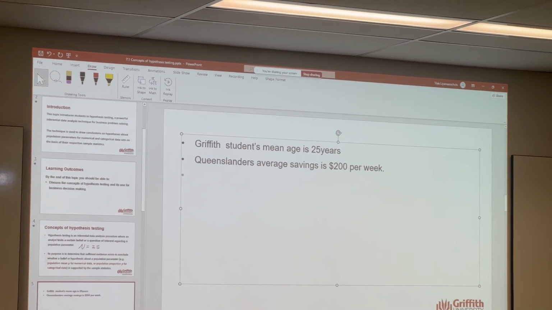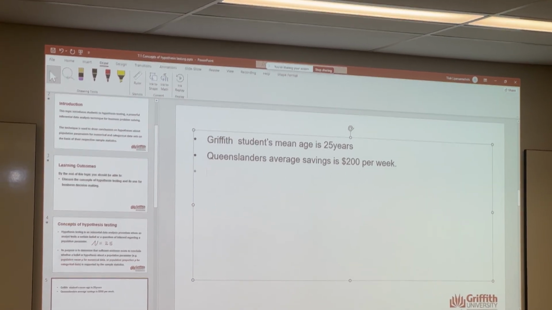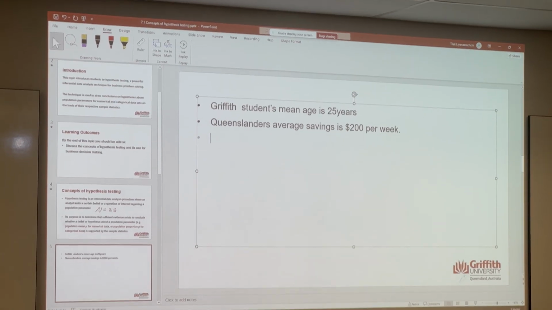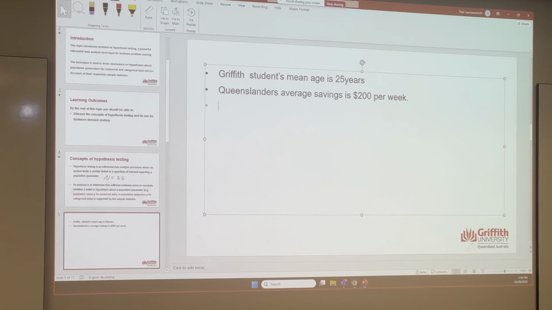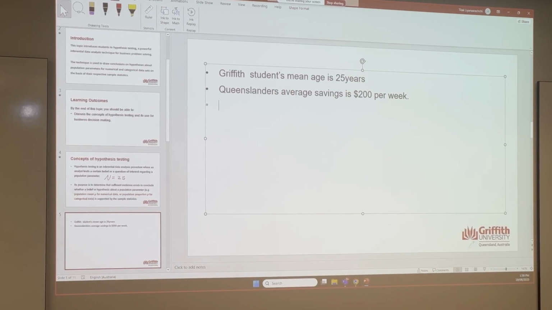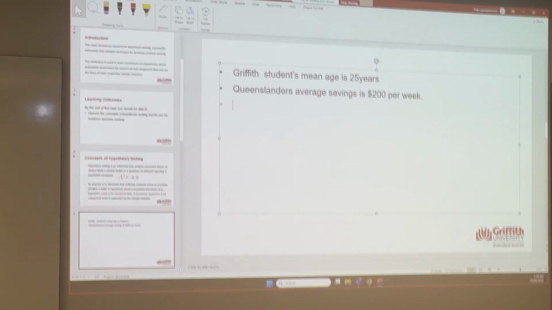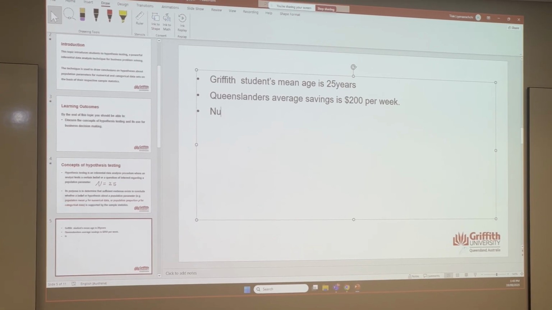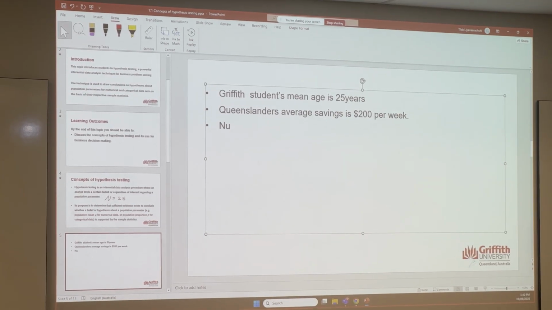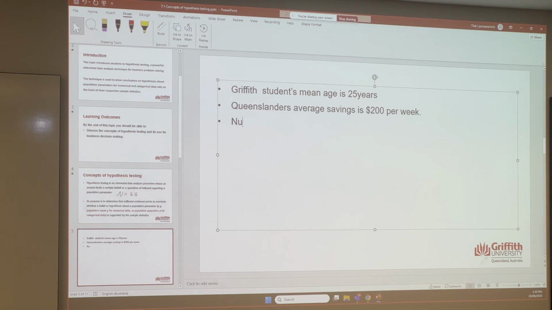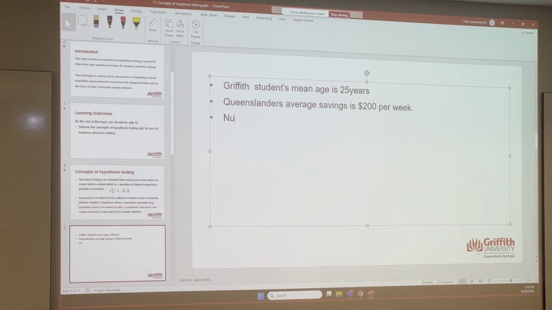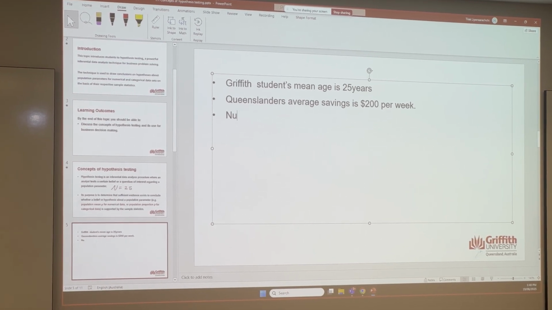Who wants to say something about another statement? The number of international students equal this university. So the number of international students equals this.